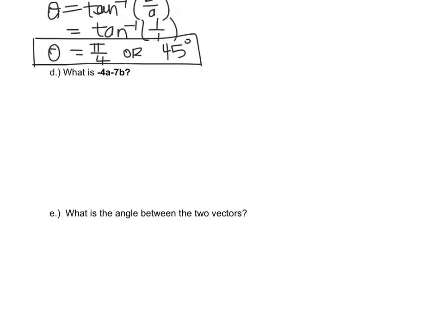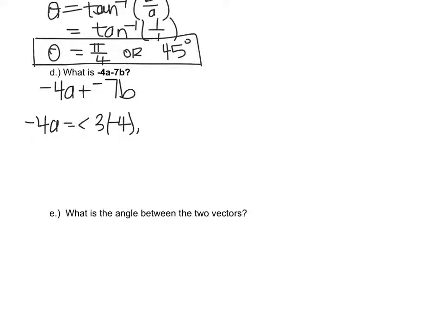Next, we want to know what negative 4a minus 7b is. So remember from the notes, typically we rewrite the subtraction of two vectors as the addition of a negative. So I'm going to write this as negative 4a plus negative 7b. So I'm going to find negative 4a first. So scalar multiplication, you multiply each value of your vector by the scalar.